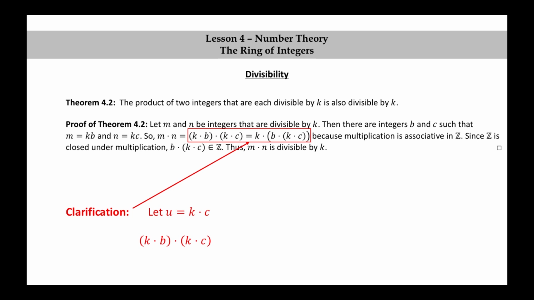Replacing k times c with u gives us (k times b) times u. And now we can use associativity to regroup those parentheses and write this as k times (b times u). And finally, we can replace u by k times c, remembering to keep that expression in parentheses, to get the end result that we were looking for.